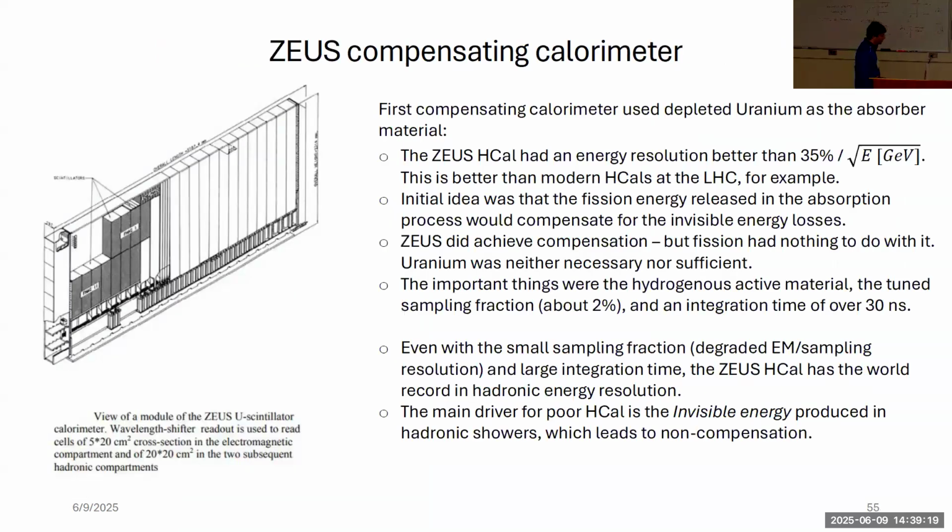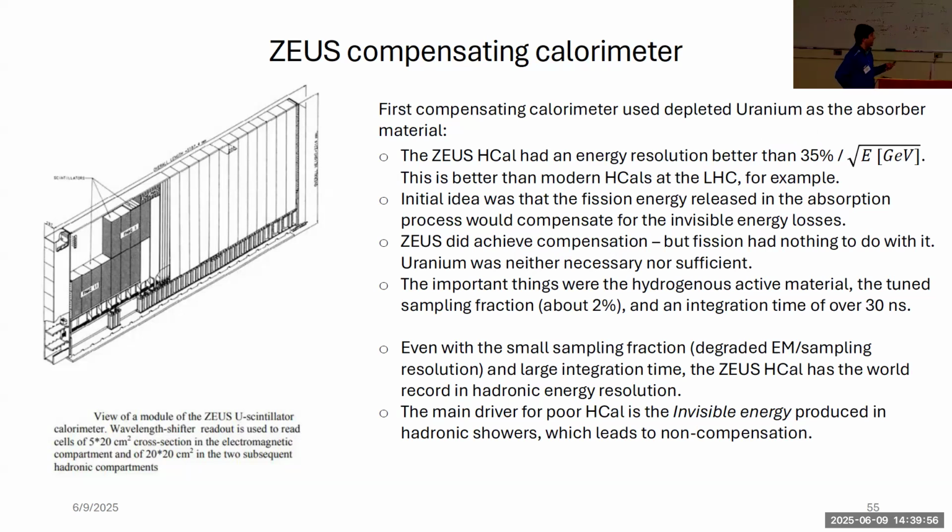So the reason I went through that is there was one calorimeter, I call it, in the Zeus experiment in HERA in Germany, and they were the first compensating calorimeter. What they actually did was they used depleted uranium interleaved with scintillator plates, and they achieved the best energy resolution for hadronic calorimeters, which was 35% over square root of E. And this is better than modern HCALs at the LHC, for example.